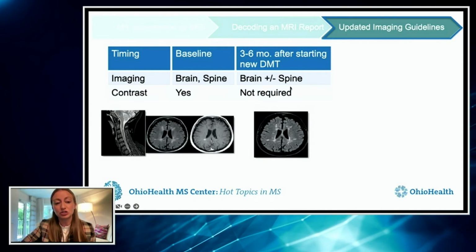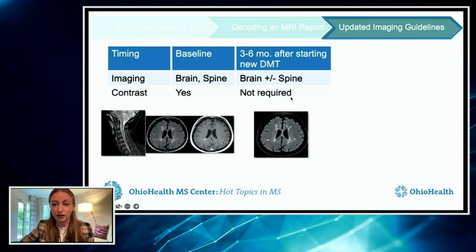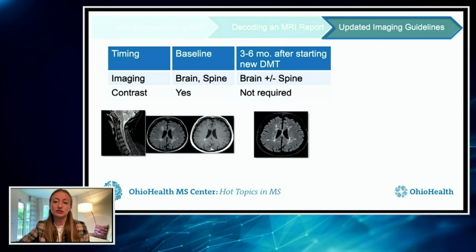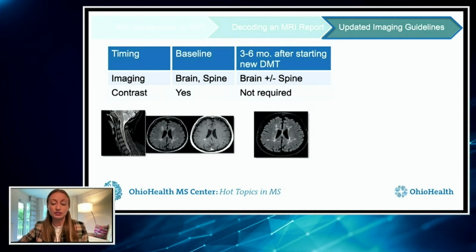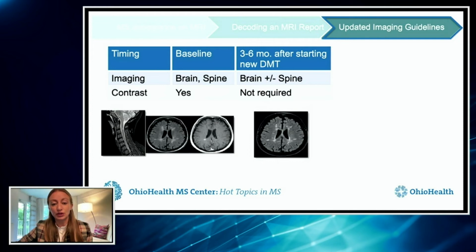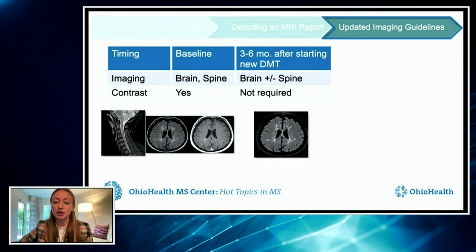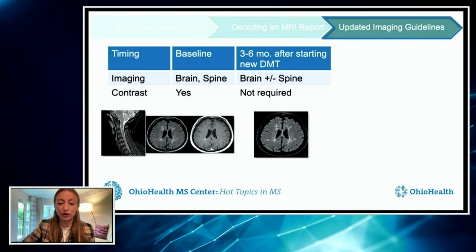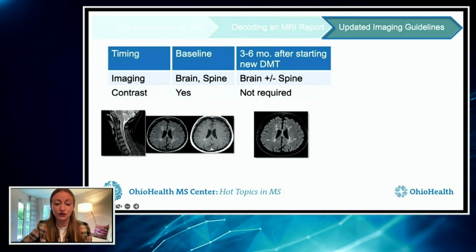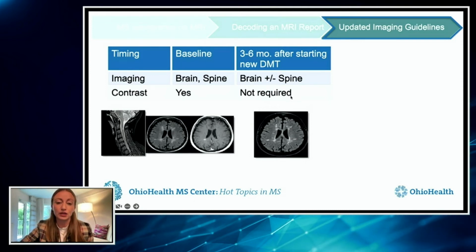With these images, contrast is not required, and that's because this is used as a baseline to compare future scans to. When we look at future scans, we're going to be comparing the T2 bright spots we're seeing here to see if any new ones pop up.